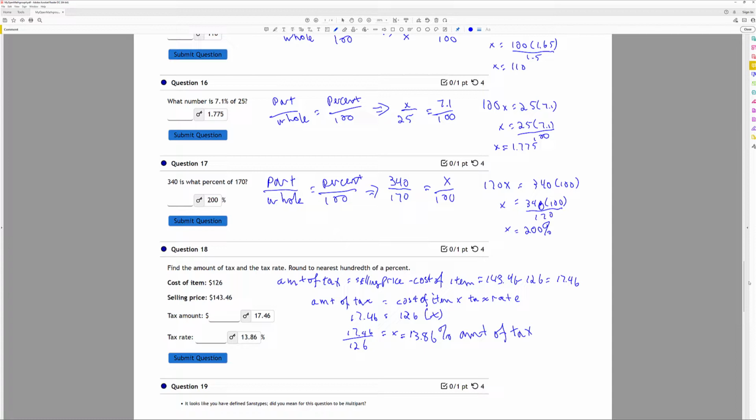And you can divide, and we end up with 13.86. That should be the tax rate.